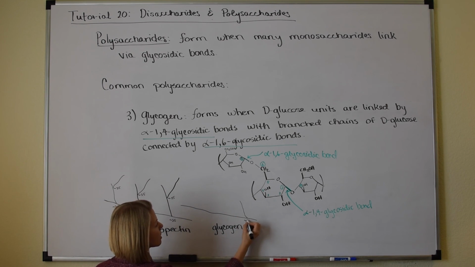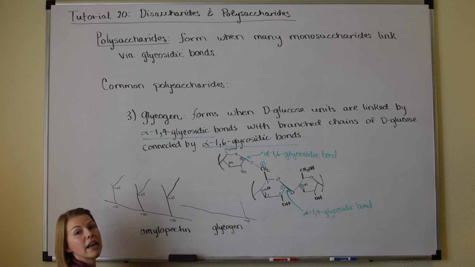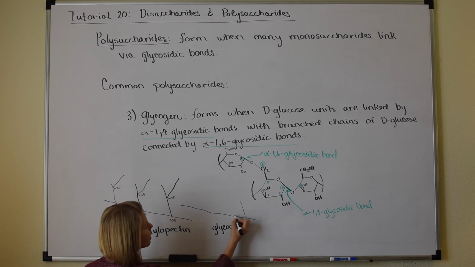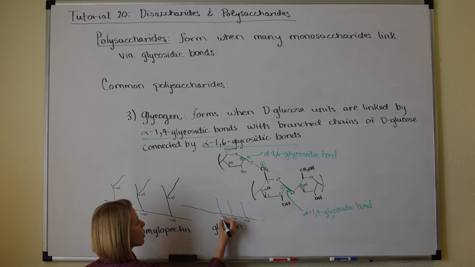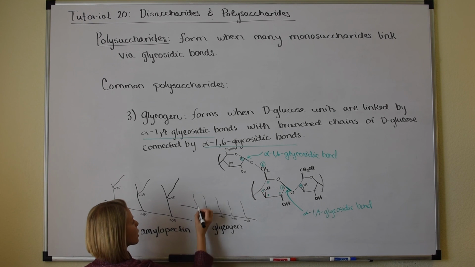Let's just say, since it's 8 to 12, let's just say about 10. Okay, let's just average it out there. So about 10, then about 20 for this branch from the start, about 30, about 40, approximately 50, okay?